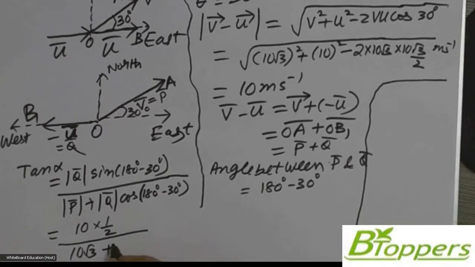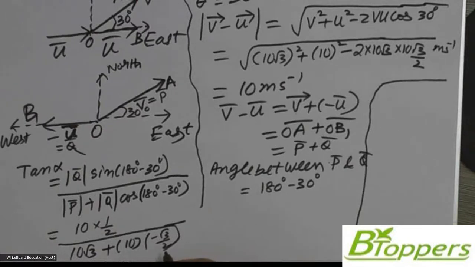Mod of q bar is again 10 meters per second. Cos 180 degrees minus 30 degrees is minus cos 30 degrees. In general, cos 180 minus theta is minus cos theta. So minus cos 30 degrees will be minus root 3 by 2.